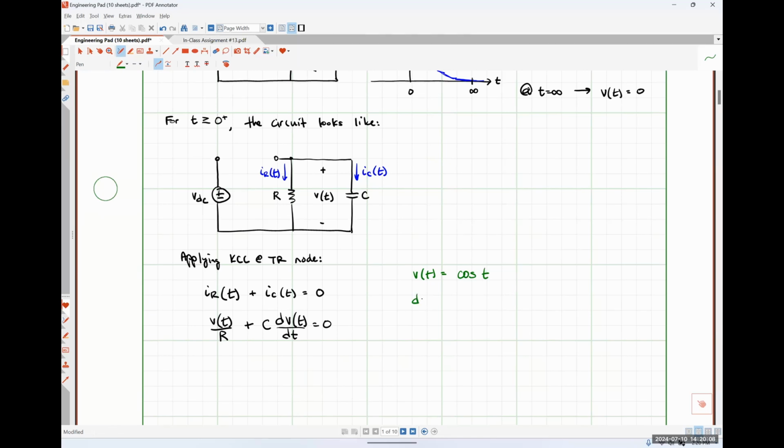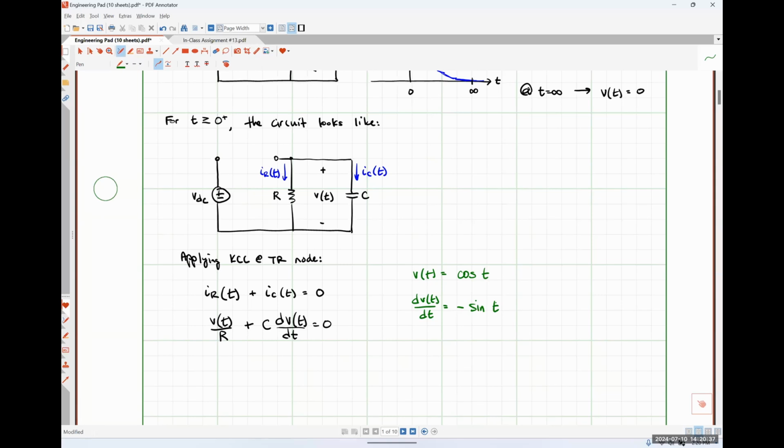What would the derivative of v of t then be? Negative sine of t. So does cosine minus sine of t equal 0 for effectively all time?